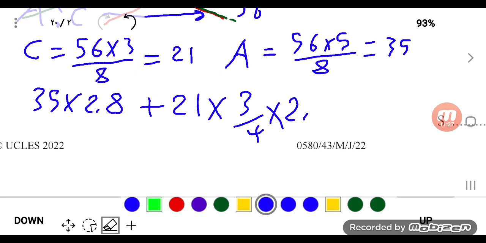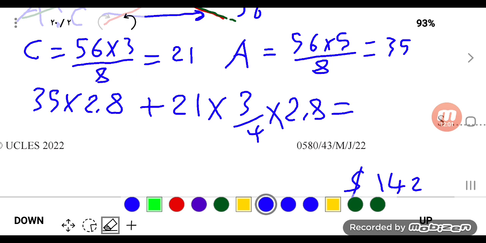Now you type this on the calculator and you get the total price. So the total will be $142.